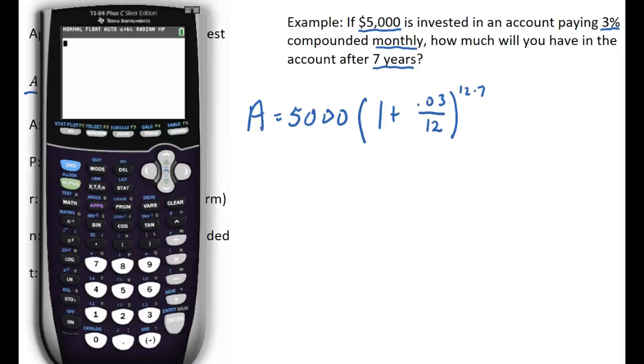I've got my calculator here, so I'm just going to punch everything in just the way it looks. 1 plus 0.03 divided by 12, raised to the 12 times 7. And we get $6,166.77.